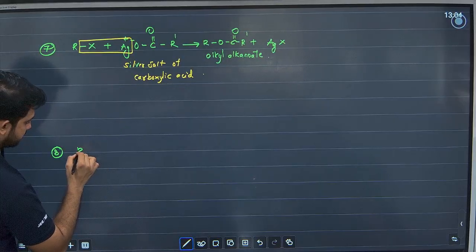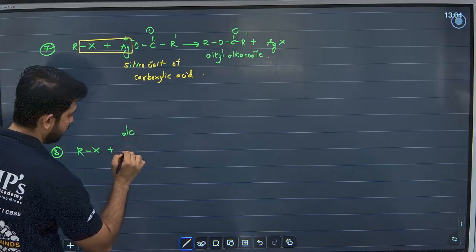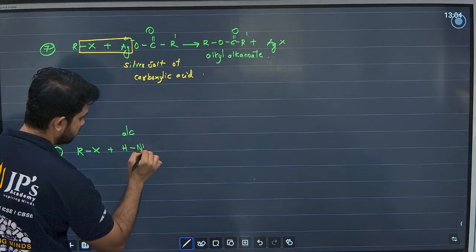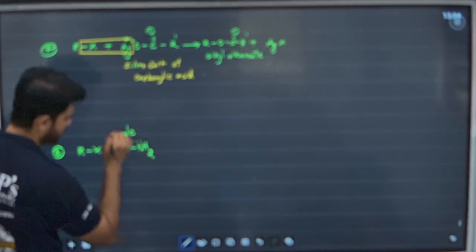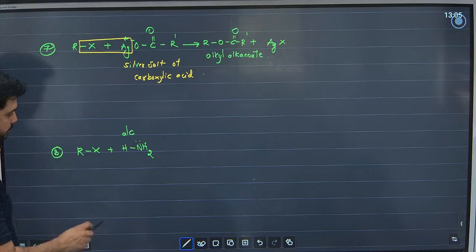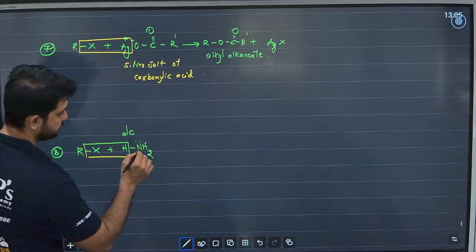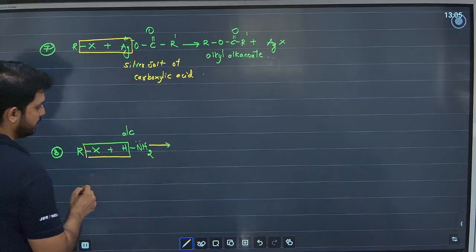RX alkyl halide plus alcoholic ammonia. I'm just writing NH3 as HNH2. ठीक है, अल्कोहलिक अमोनिया है. क्या बाहर निकल रहा है यहाँ पे? क्या मिला?